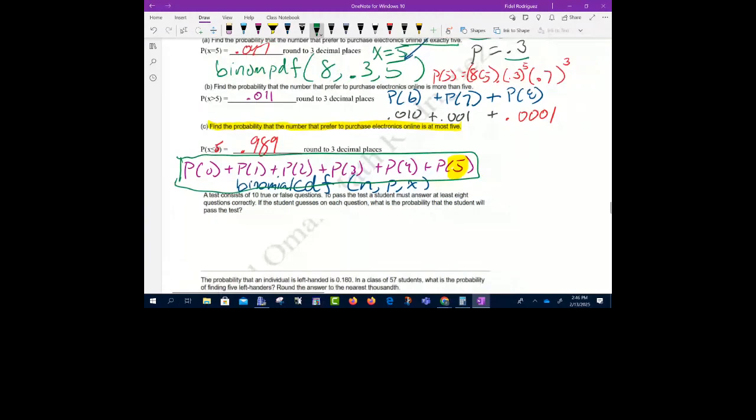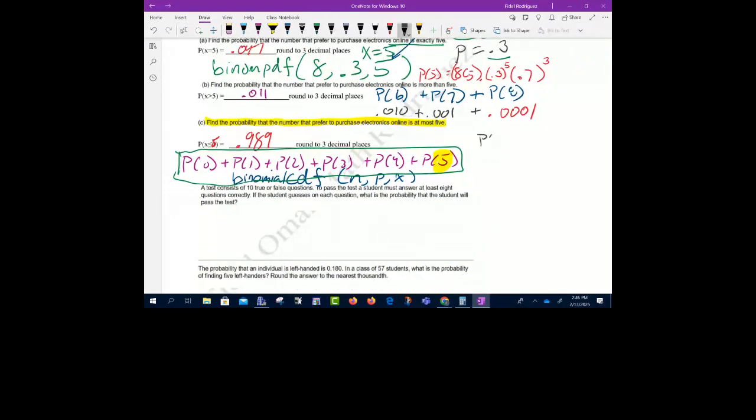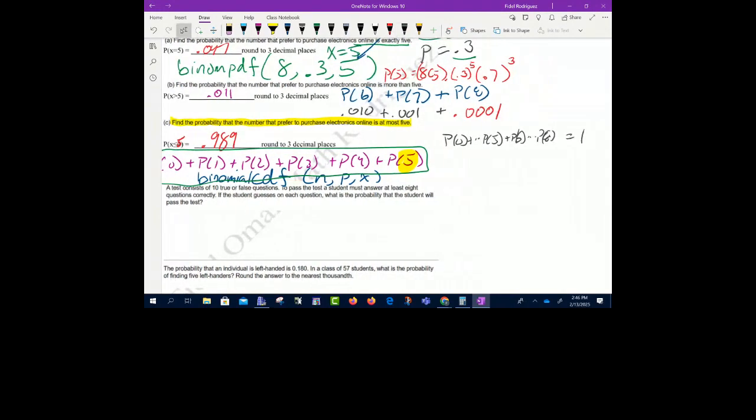Just giving you an idea here, y'all. If we would have gone from 0 all the way to 5, and then 6 all the way to 8, and added up all those probabilities, we would have gotten 1.